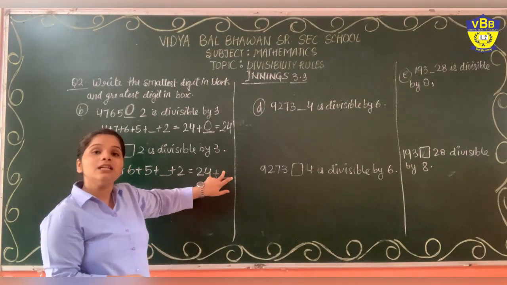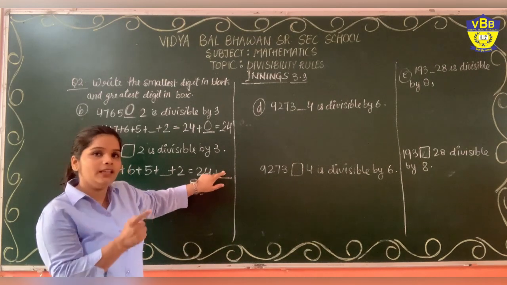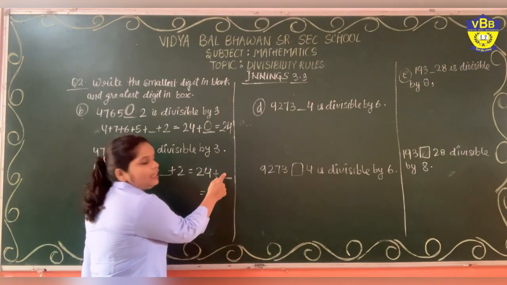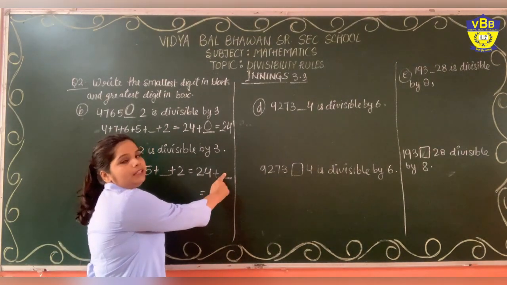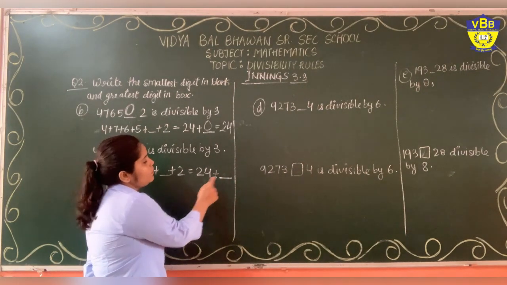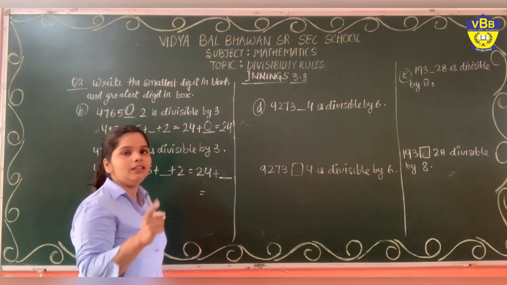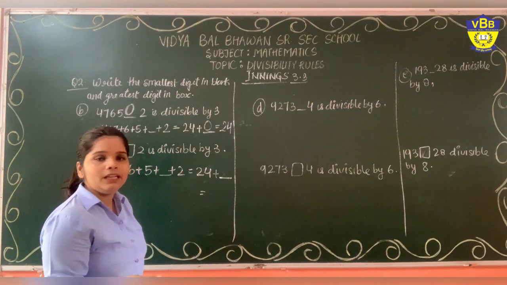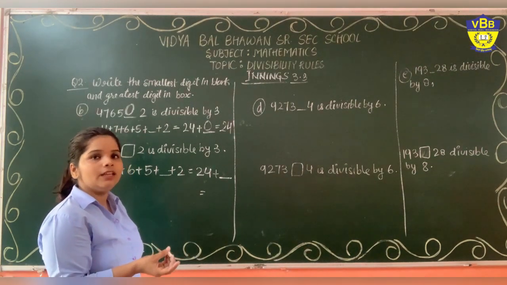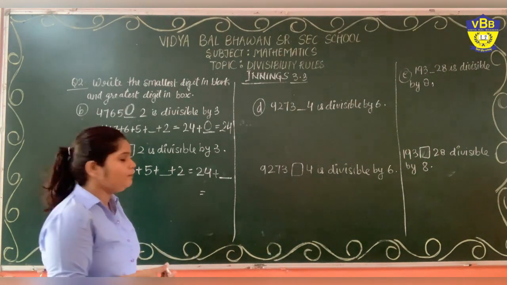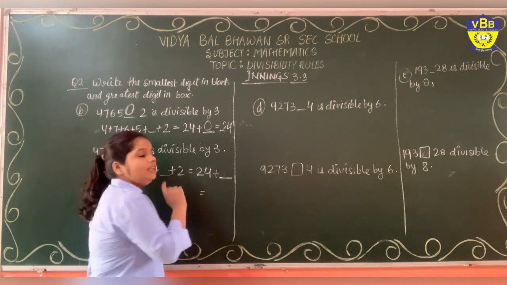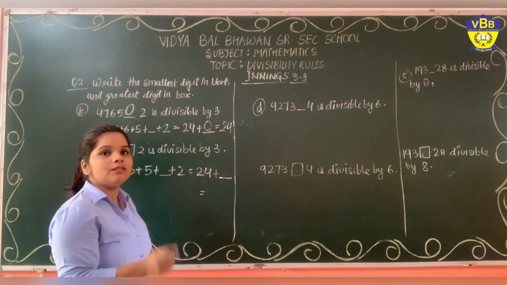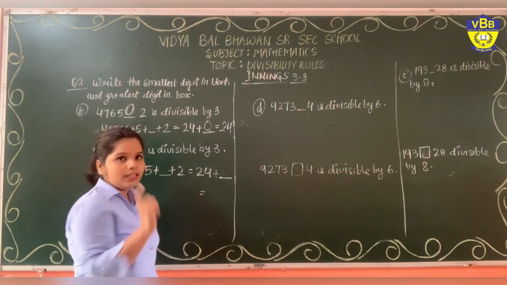What is the greatest digit we have? 9. If you write 9 here, 24 plus 9 will be 33. Will it be completely divisible by 3? Yes. And 9 is the greatest possible single digit.